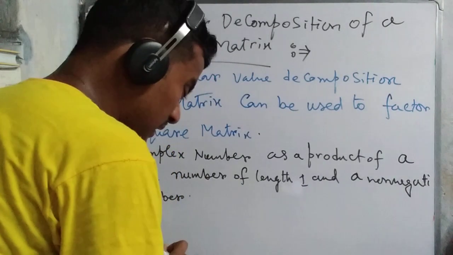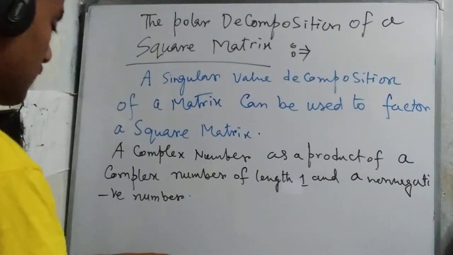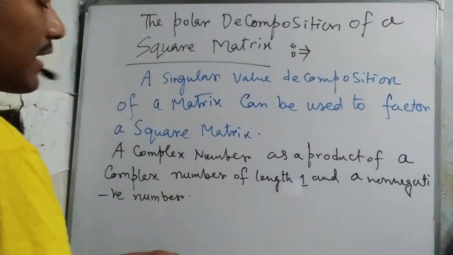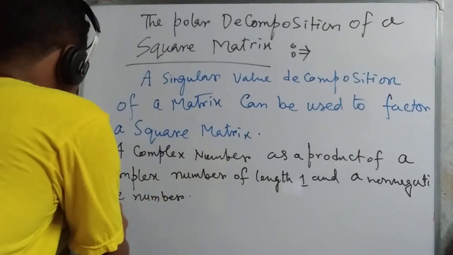Then what happened in case of matrices? We write it here in this way.